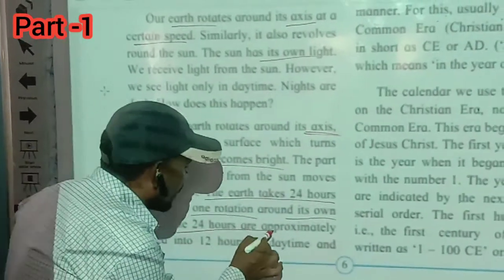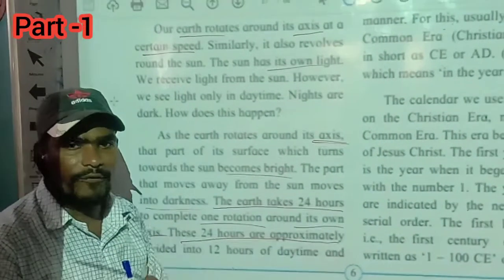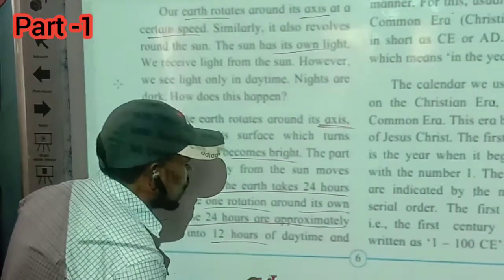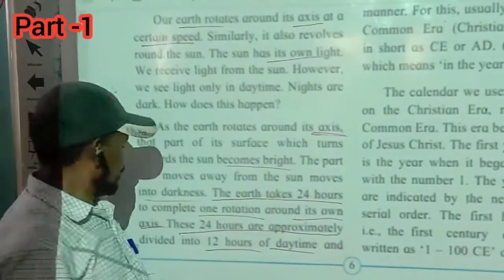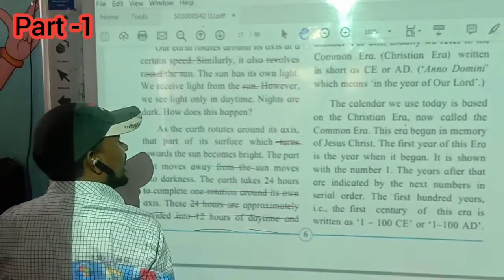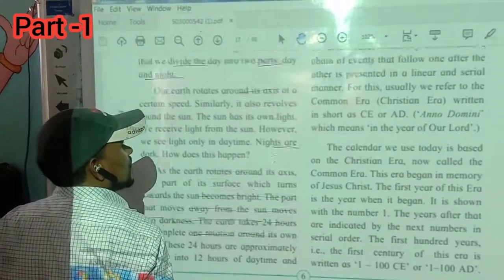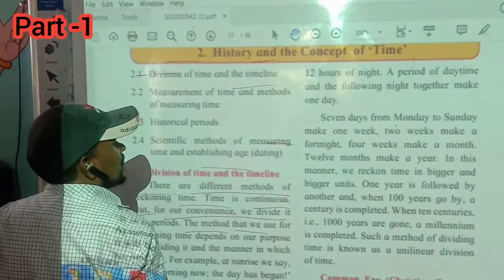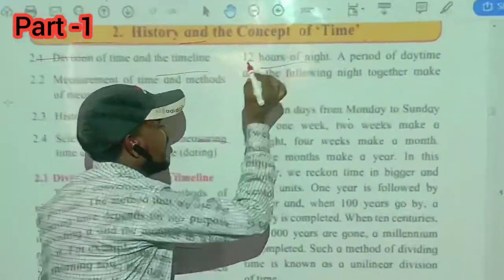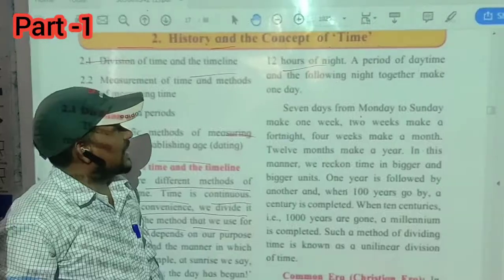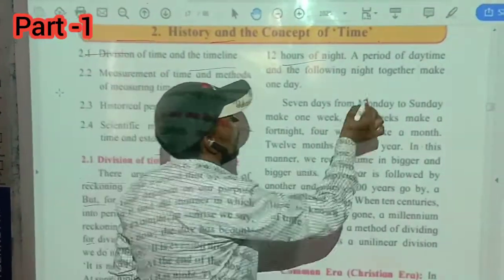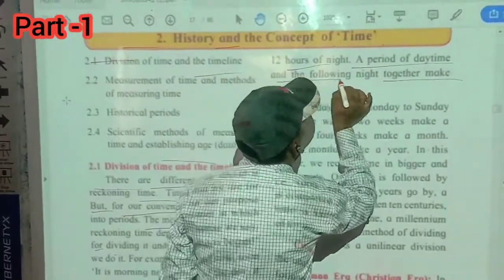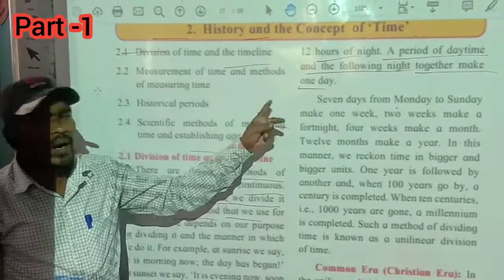These 24 hours are approximately divided into 12 hours of daytime and 12 hours of night. A period of daytime and the following night together make one day.